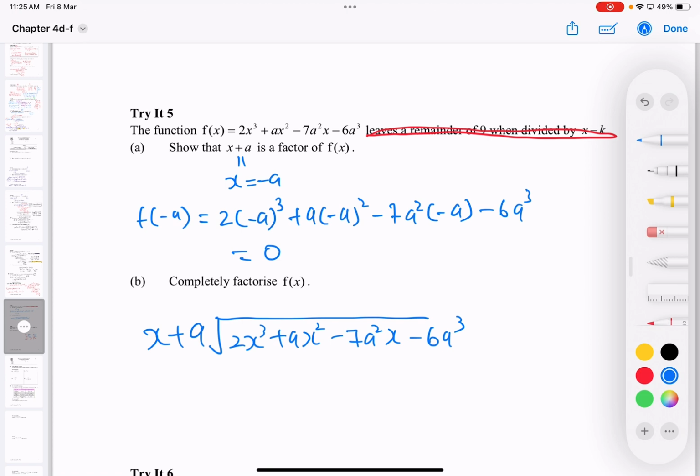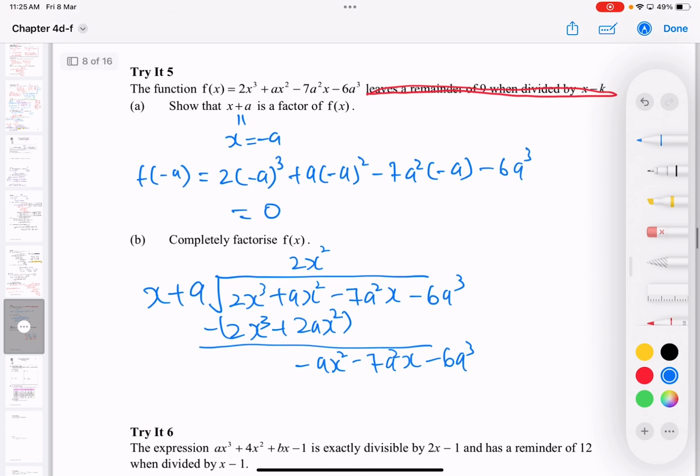The first one is actually 2x squared. You minus it, and you are going to get negative ax squared minus 7a squared x minus 6a cubed.